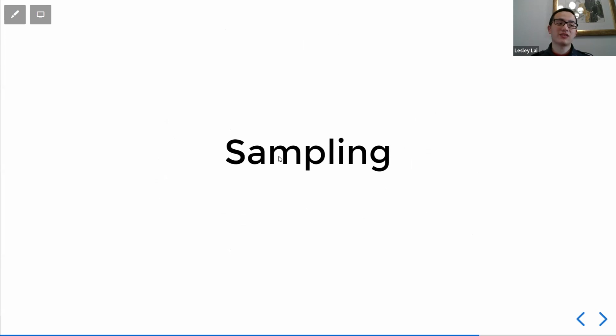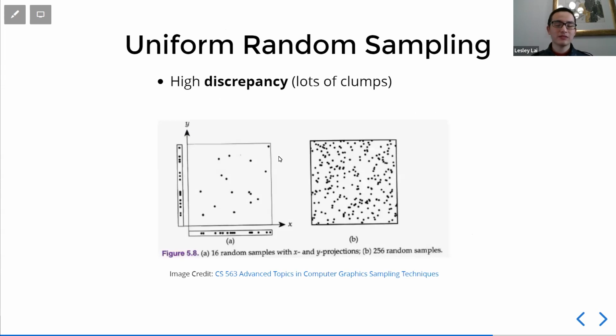Now Kajiya starts to talk about some sampling. I also considered removing this part from the slide, but in the end I decided to keep it. First, let's review sampling.